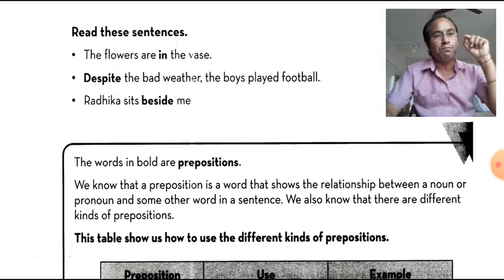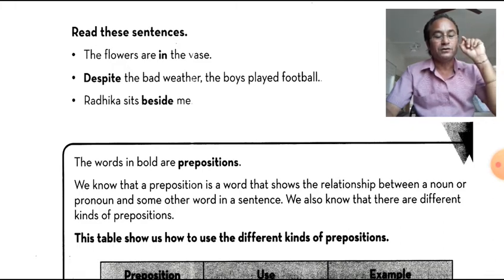Its example is: my shoes are under the bed. So where is it? Place. It is under the bed and bed is a noun. It is placed before a noun.